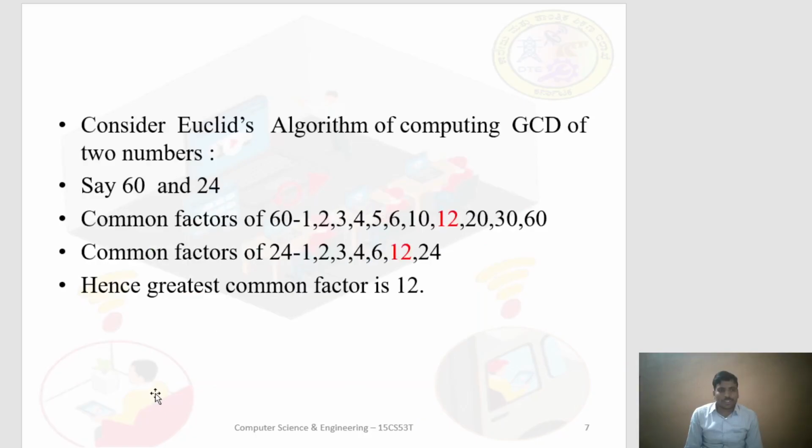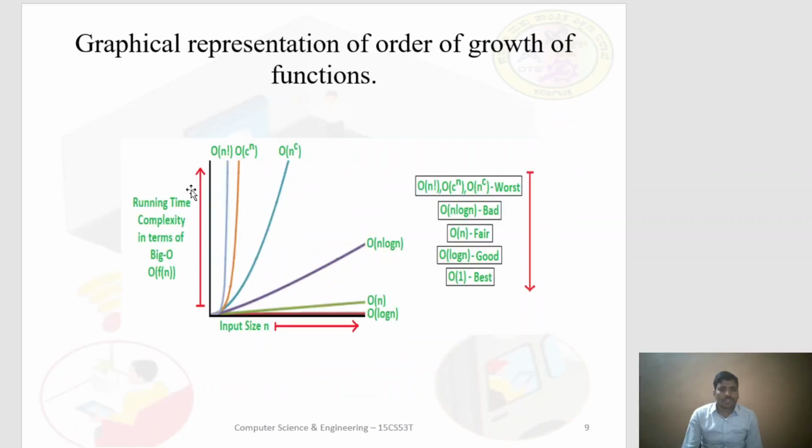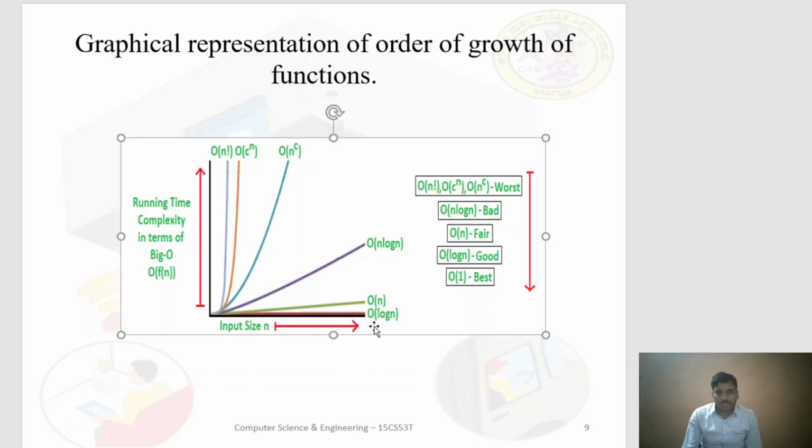So for these functions, these basic efficiency classes, we can represent their order of growth through a graph. You can observe here the function big O of log n, which is almost close to the input size. After that, linear function big O of n.